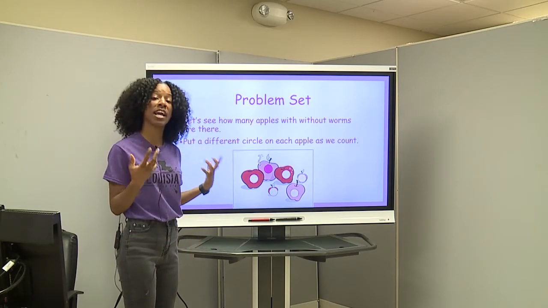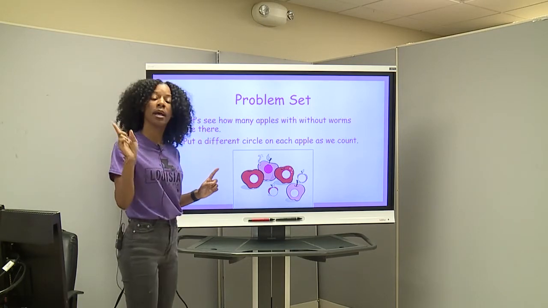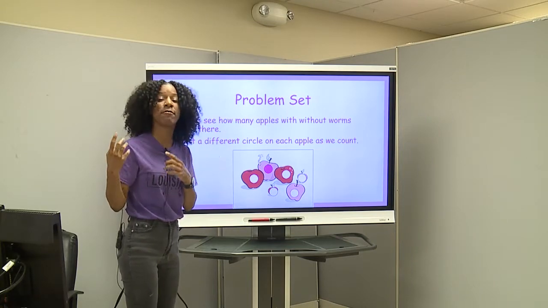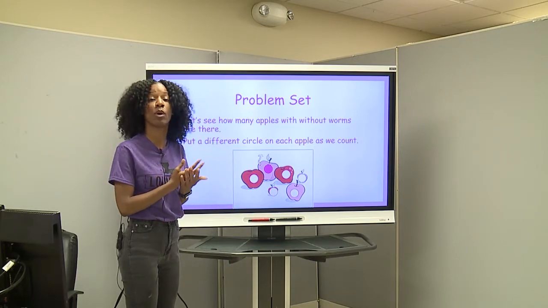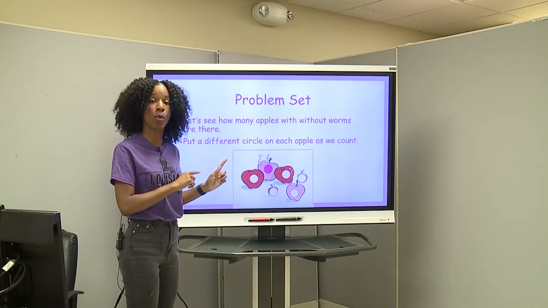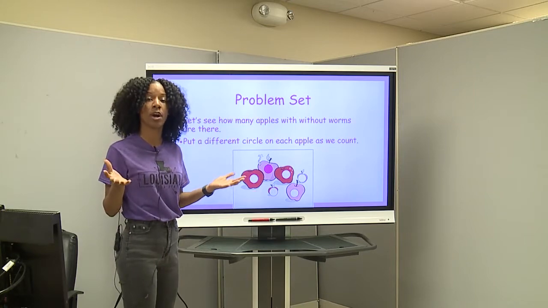So our expression would be 1 plus 5. Remember, expressions do not have equal signs. Because one apple has a worm and 5 apples do not have a worm. And our total number of apples, if we wanted to write it in a number sentence with the equal sign, would be 1 apple with a worm plus 5 apples without a worm equals a total number of 6 apples.